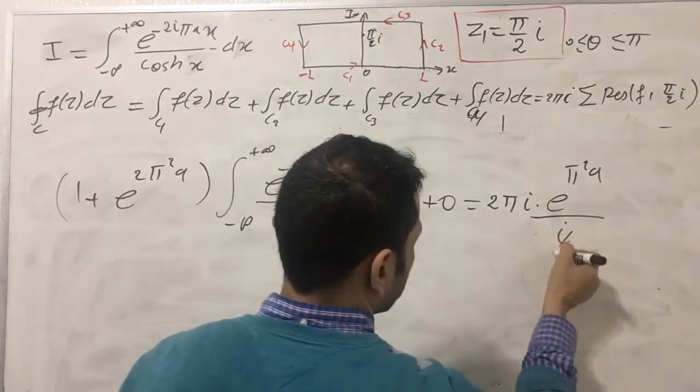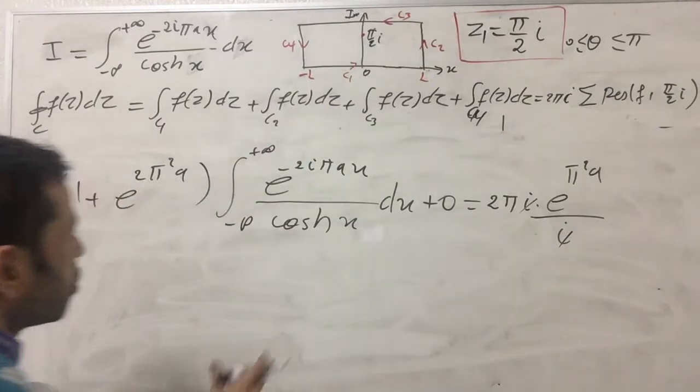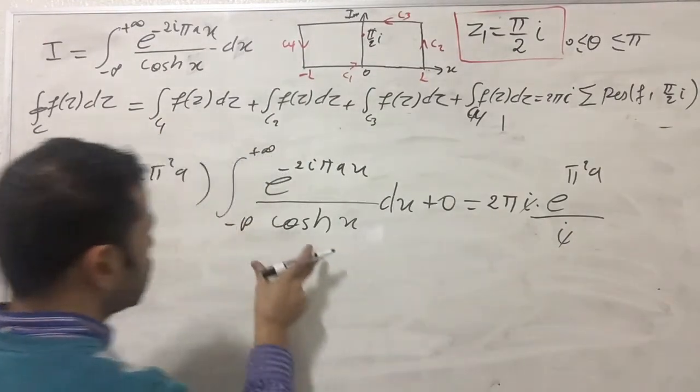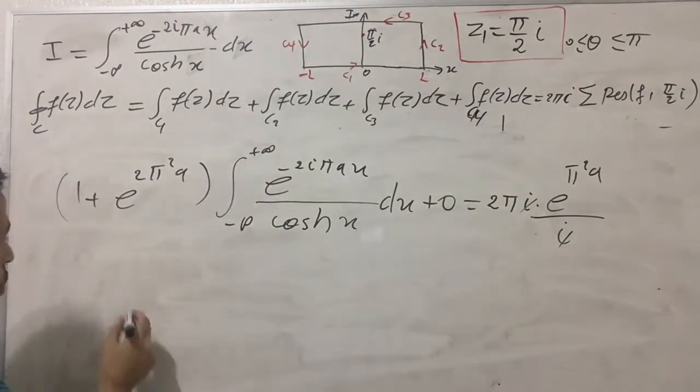This i will be cancelled out, so this integral equals this one over this one.